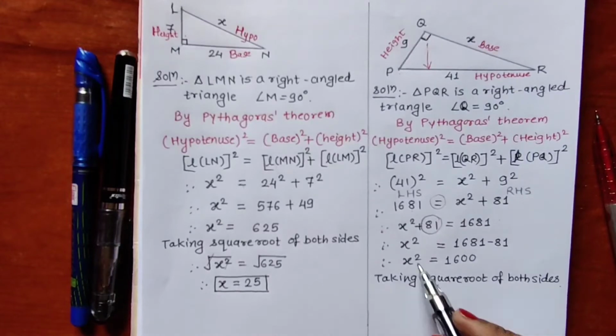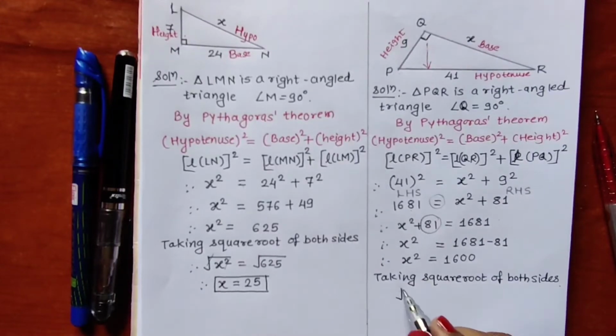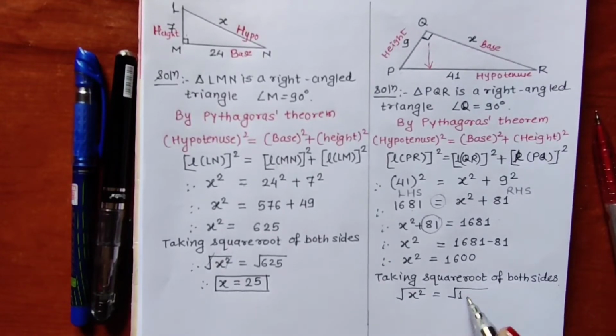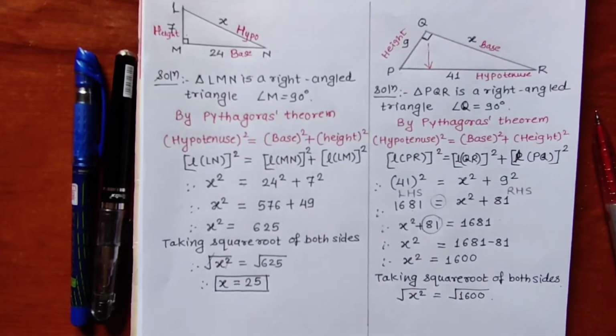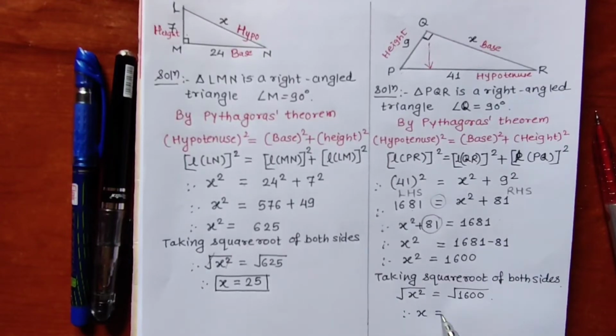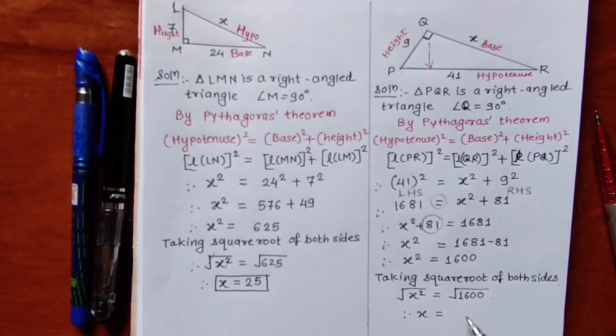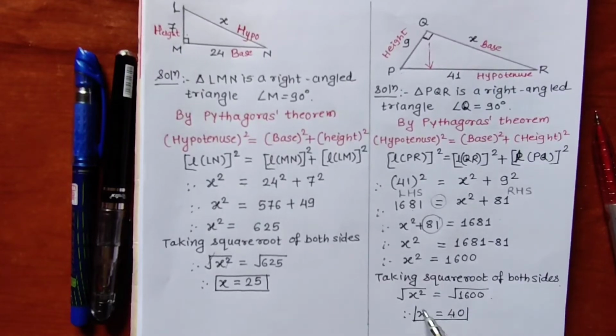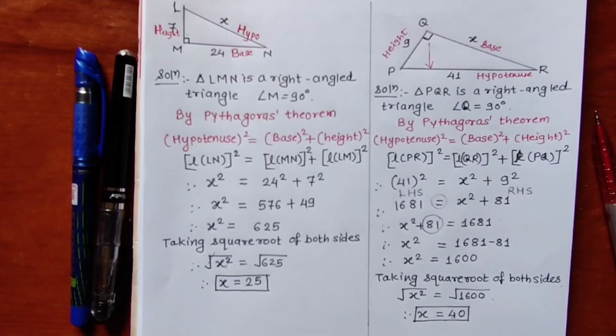So we will put both these numbers under square root symbol, x square under square root, 1600 under square root. So square and square root cancel each other, only x we will get, and square root of 1600 is 40. We all know that because 16 is square of 4, and instead of these two zeros we can write 10. So 1600 is square of 40, and that's why the answer is 40.